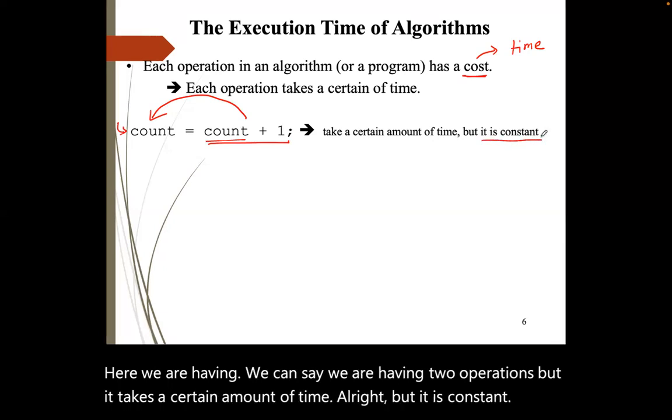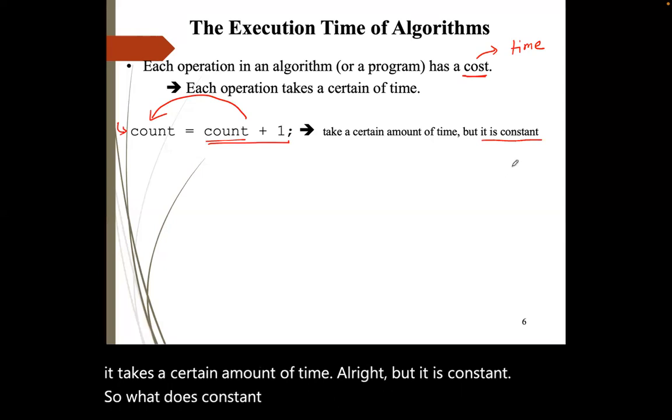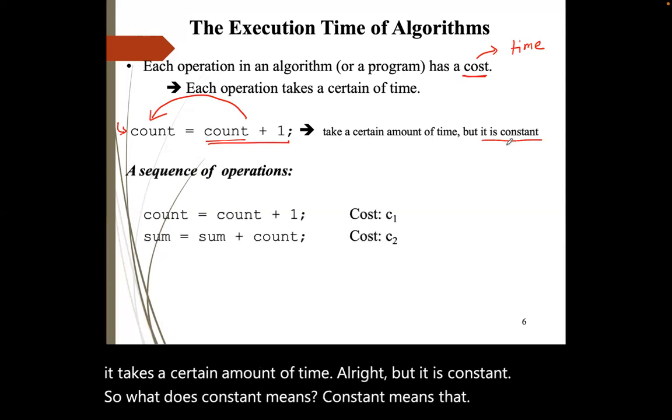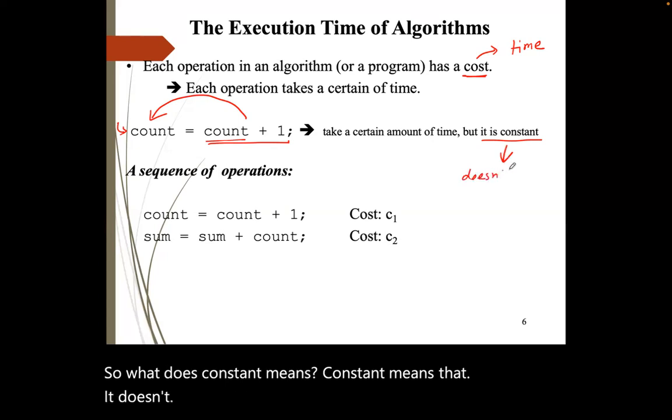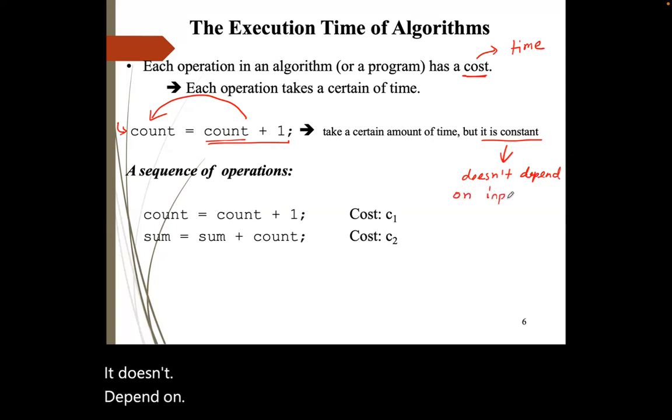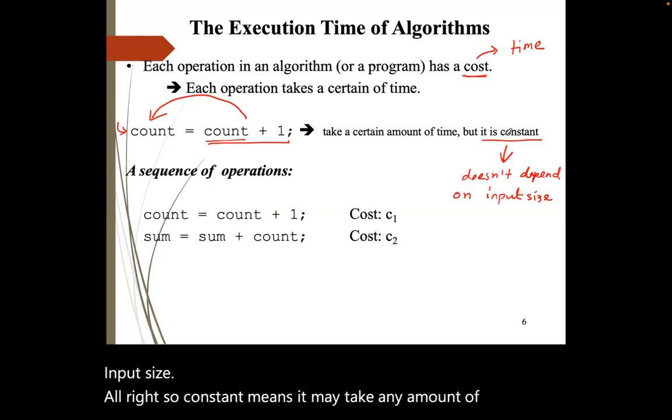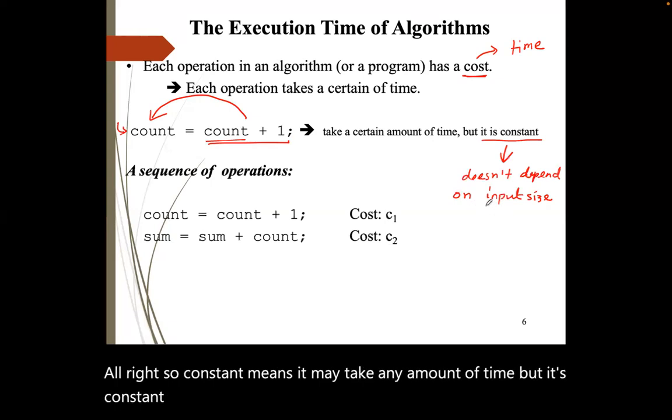So what does constant mean? Constant means that it doesn't depend on input size. It may take any amount of time, but it's constant, meaning it doesn't matter what the input size is.